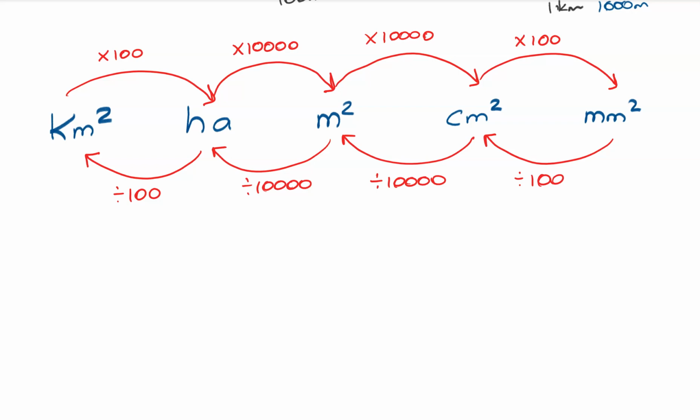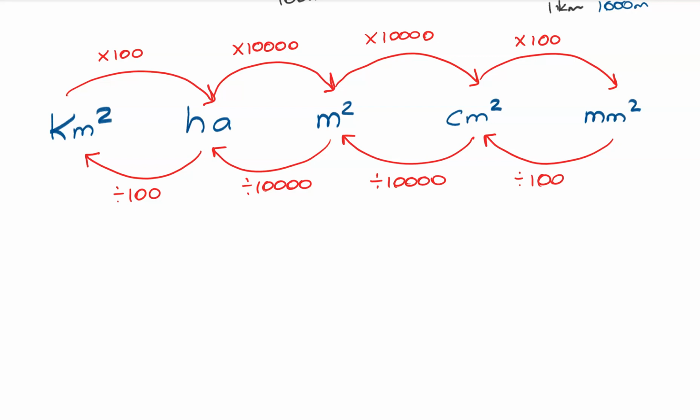And if we're going from centimeters squared to millimeters squared, we multiply by 100. Otherwise, we go back, we divide by 100. But sometimes it might just be easier to convert the lengths first and then find the area. But sometimes if you can't convert the lengths, this will be a diagram or an idea you can use.